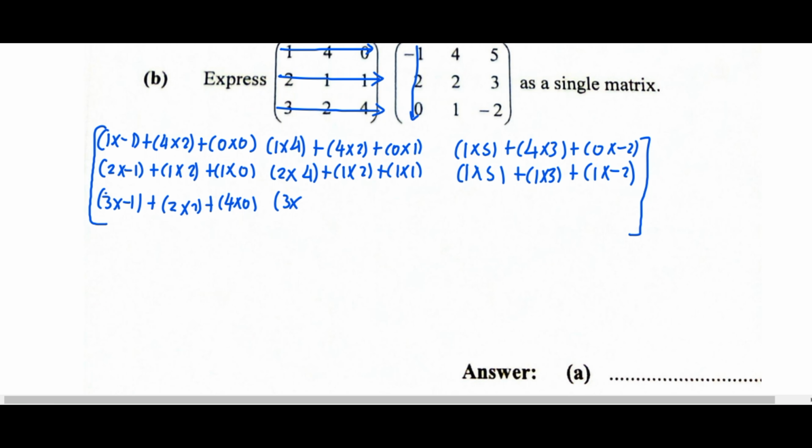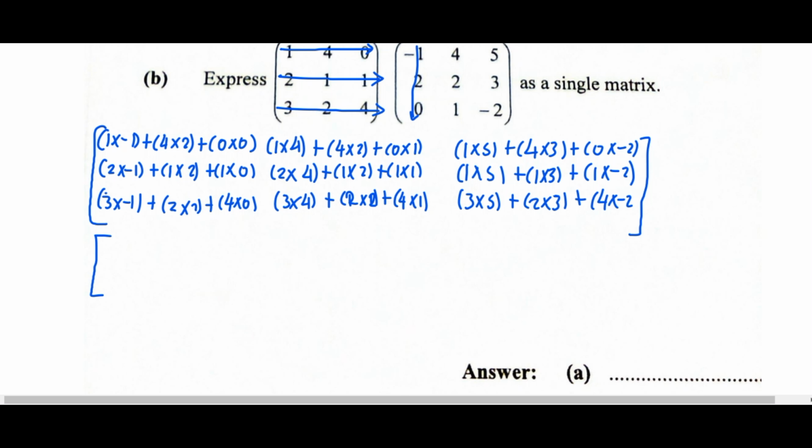It's 3 times 4 plus 2 times 2, not 1 times 2, then plus 4 times 1. We go to row 3 times column 3. 3 times 5 plus 2 times 3 plus 4 times -2. Now let's simplify our answer.